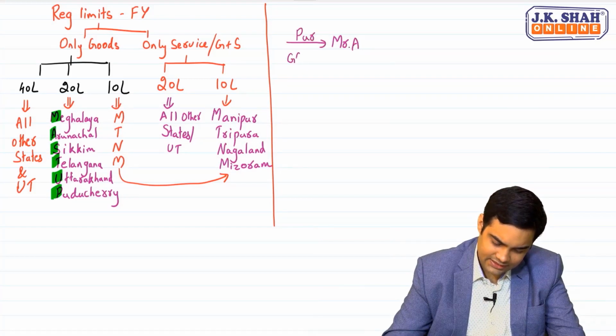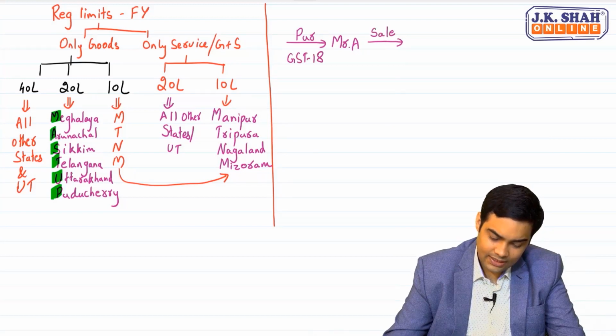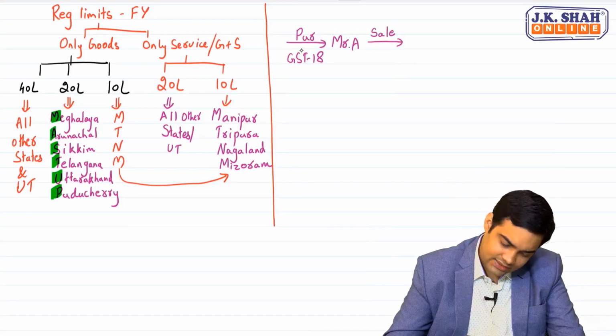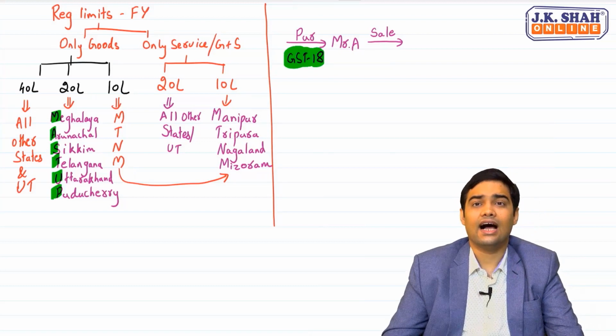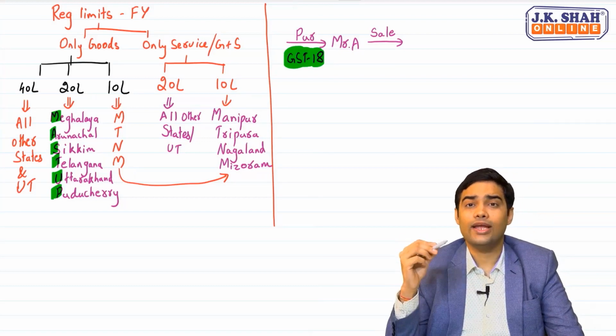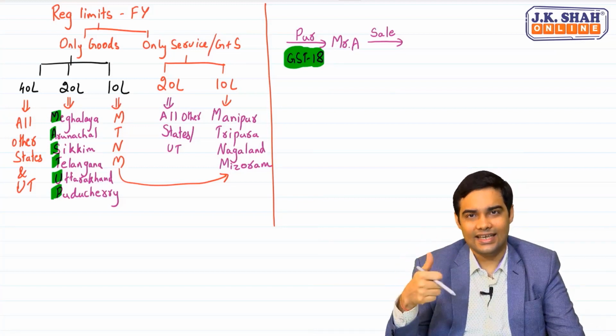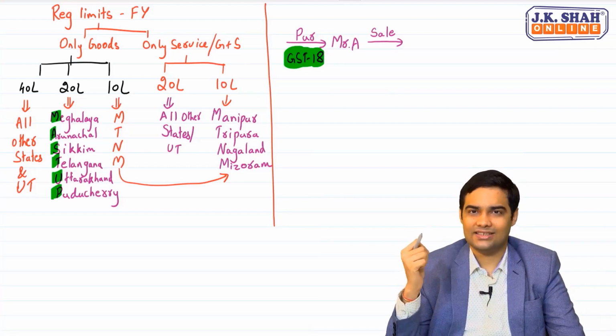He has paid GST of 18 rupees here. Then he makes a sale. Now the question which arises is, this tax which he has paid on purchase, can he adjust it against the tax which he is going to collect on sale? The answer is yes, the government permits this.